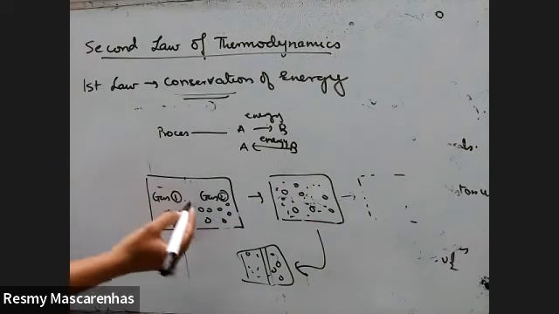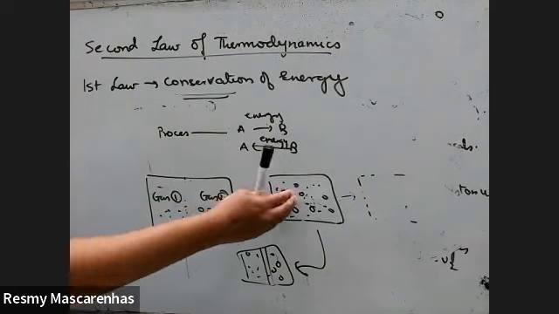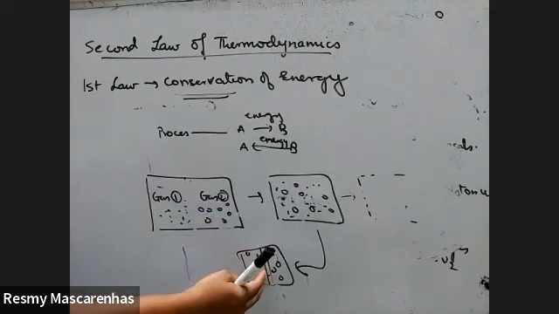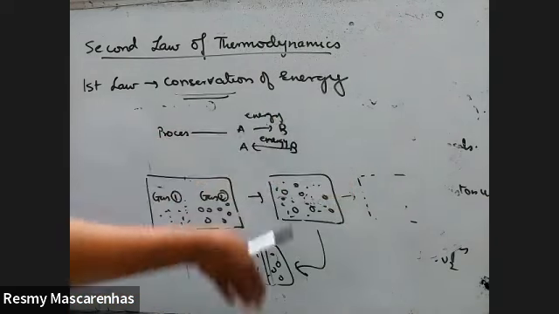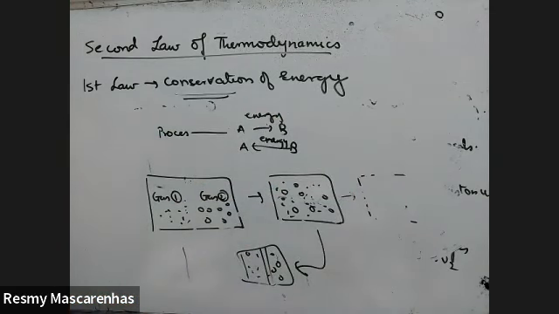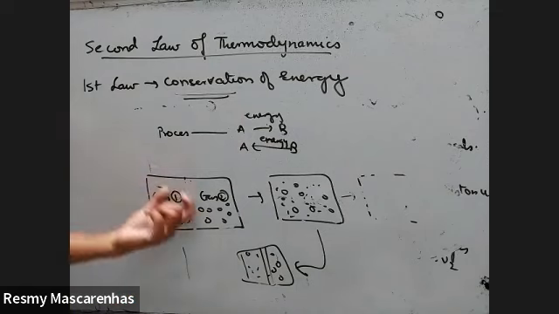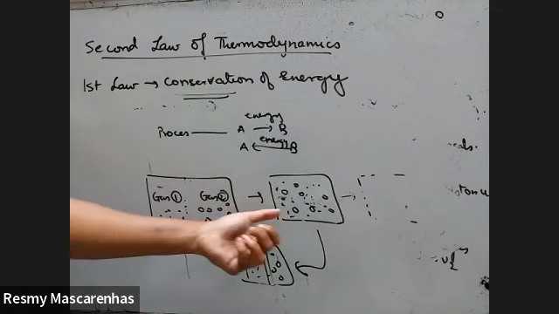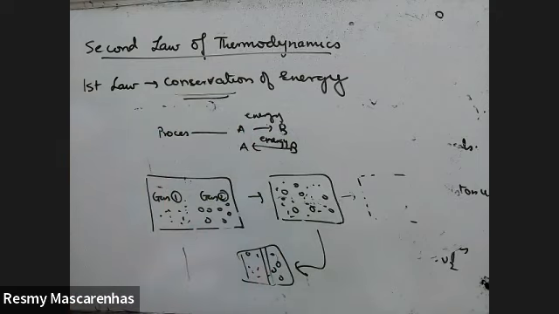This is like a spontaneous process. It will not happen unless you spend some extra energy to separate out the gases. As per the law of conservation it should have worked, but in practical life, it doesn't.